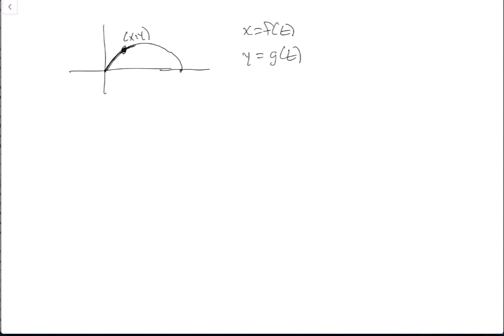If I look at dx/dt, dx/dt tells me how quickly the x direction changes, and dy/dt tells me how quickly the y direction changes. We mentioned that when we were talking about that projectile motion problem.